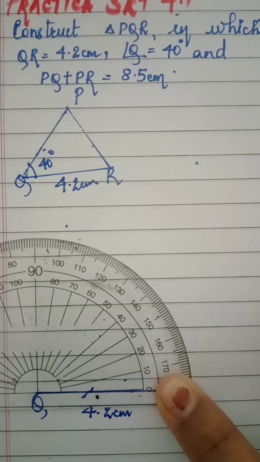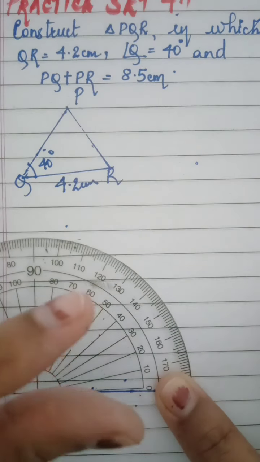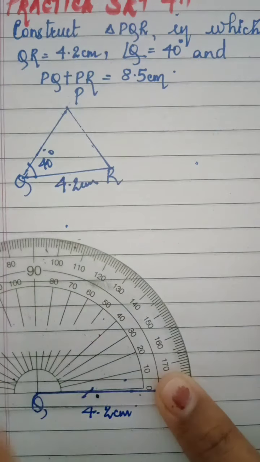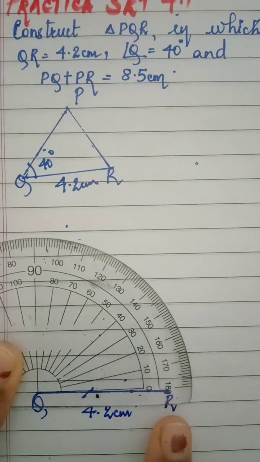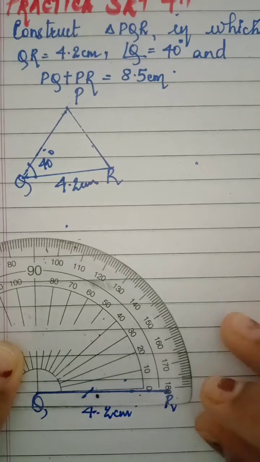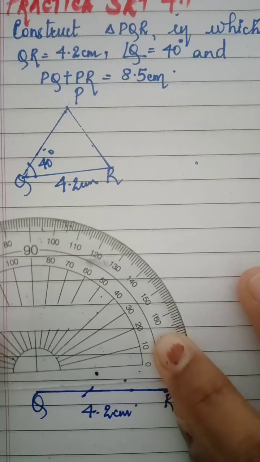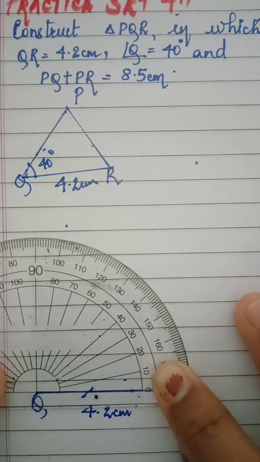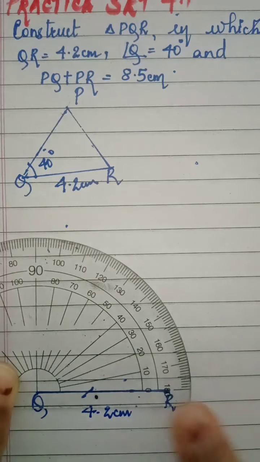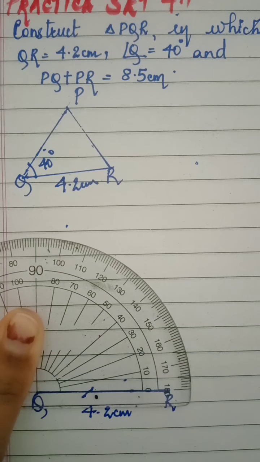Acute angle means the mouth will be a little bit open, not wide open. Okay. So acute angles means you will look from the down, take 40. 0 degree here. Keep the protractor point on point Q. See, I'm using both my hands. I kept it and firmly I'm holding it with my left hand.